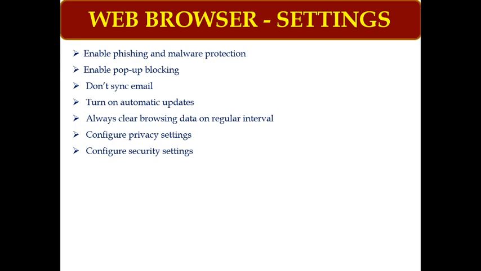Malicious software protection must be there, and this option must be on in the web browser settings. In order to save the internet data which is consumed through pop-up windows, we can turn pop-up blocking on.